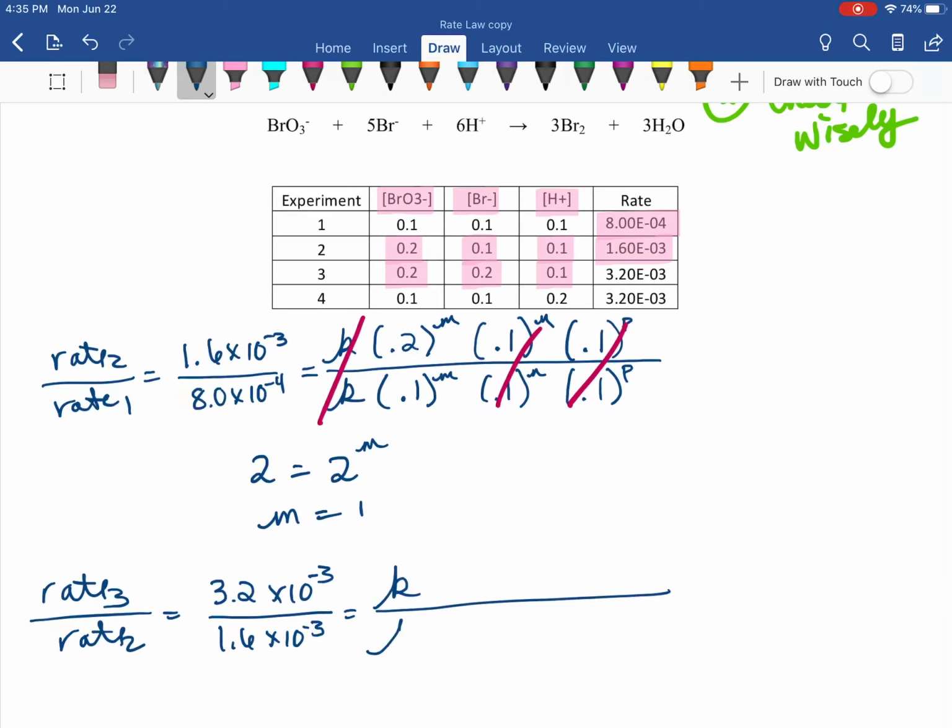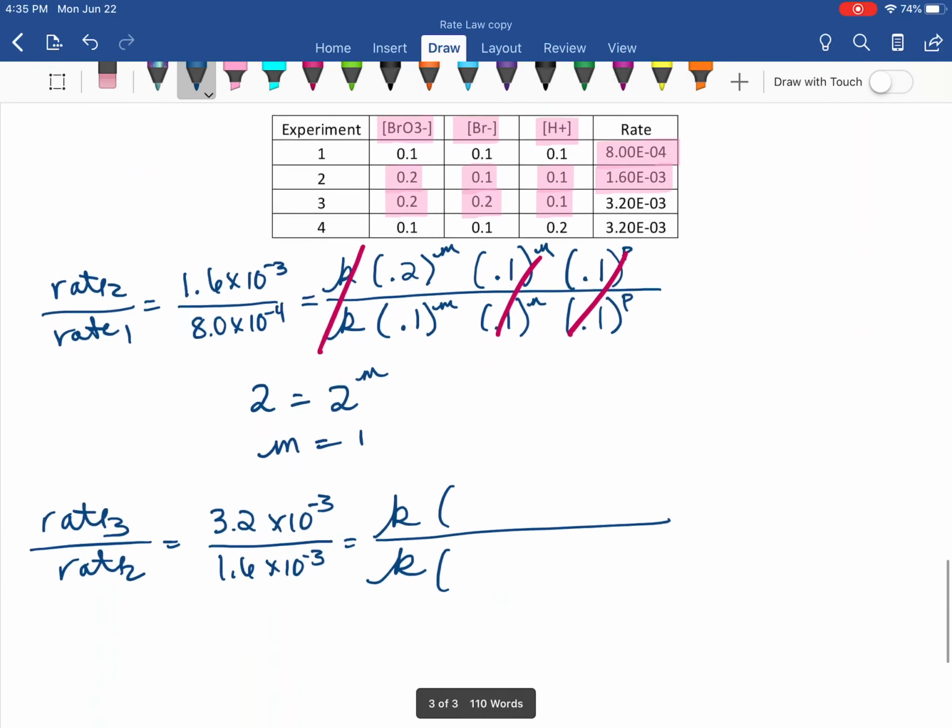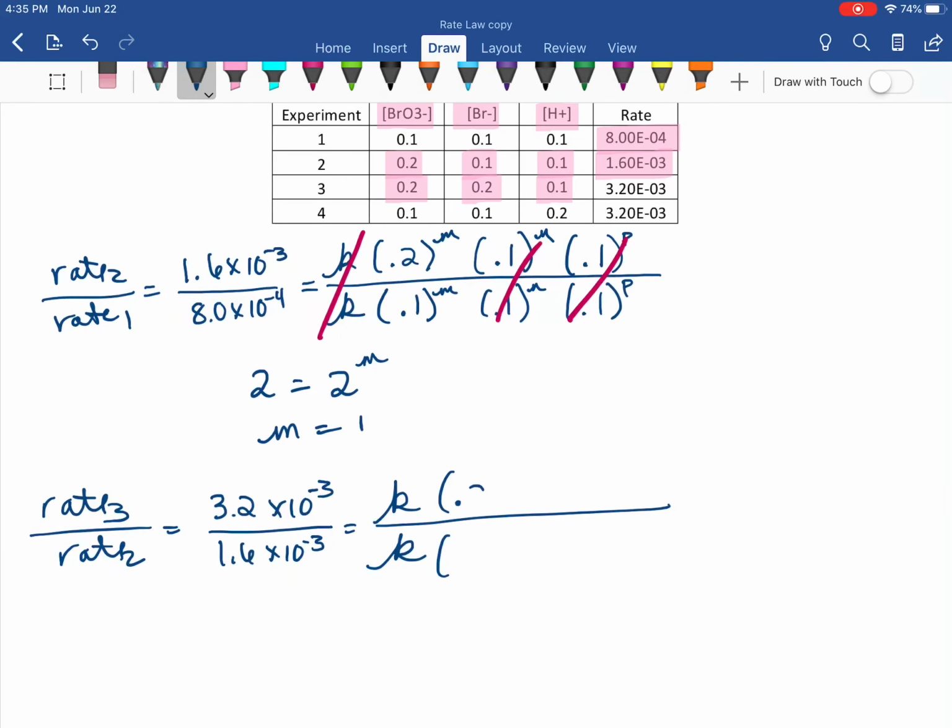Again, this just makes you feel smart to write all this stuff out. But if we choose wisely, our math gets really easy. All right, so let's take 0.2 to the 1. We figured that out. And then we're going to take 0.2 over 0.1. That's what we're going to solve for n. And then look at that, p is the same.